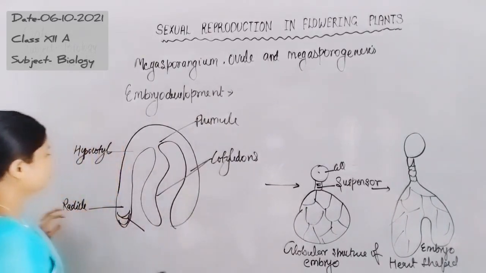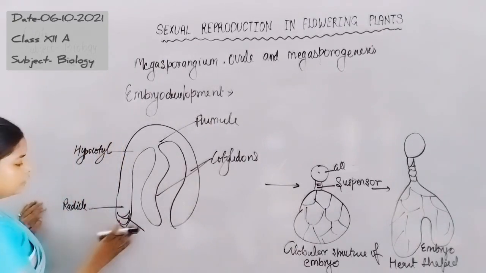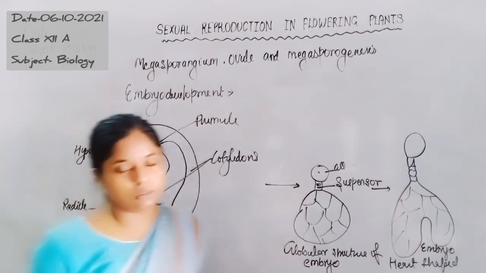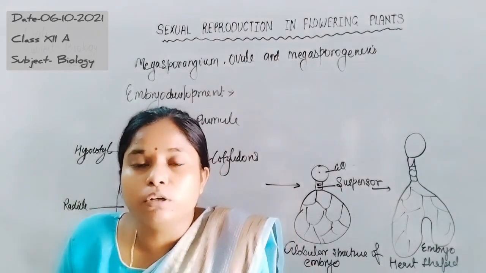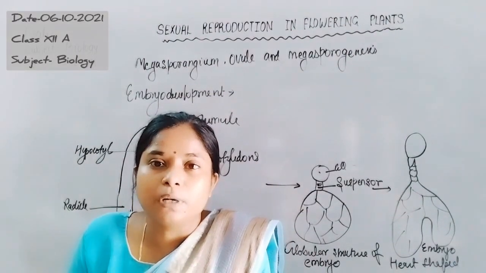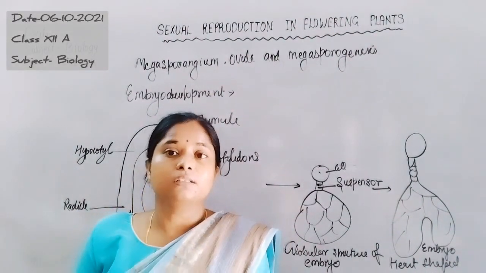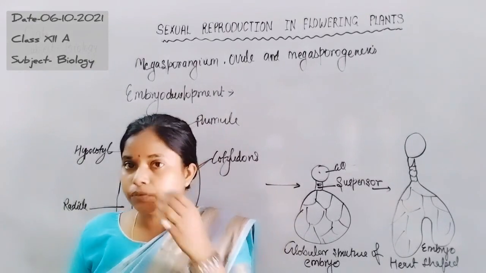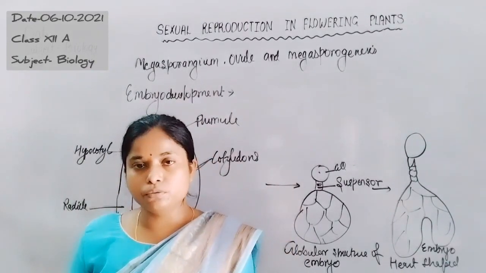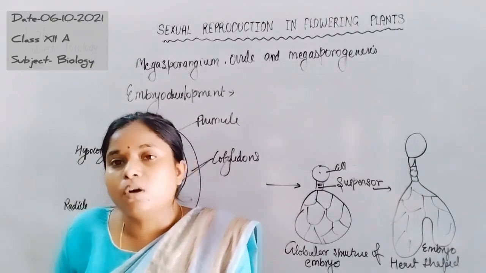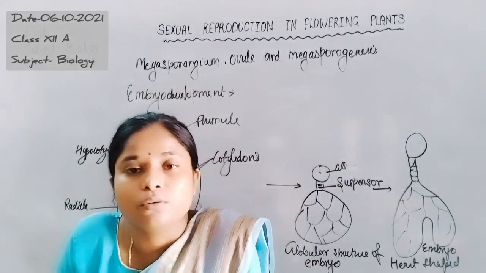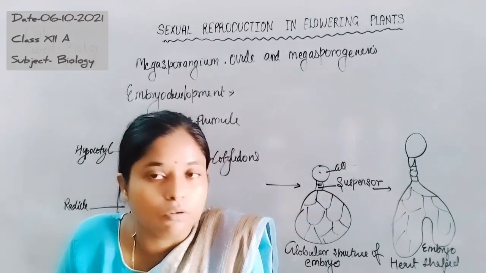Now, the radicle is covered by the coleorhiza and the plumule is covered by the coleoptile. Coleoptile is a simple covering of the shoot or plumule because it helps in the development of the plumule, and coleorhiza is a covering of the radicle.